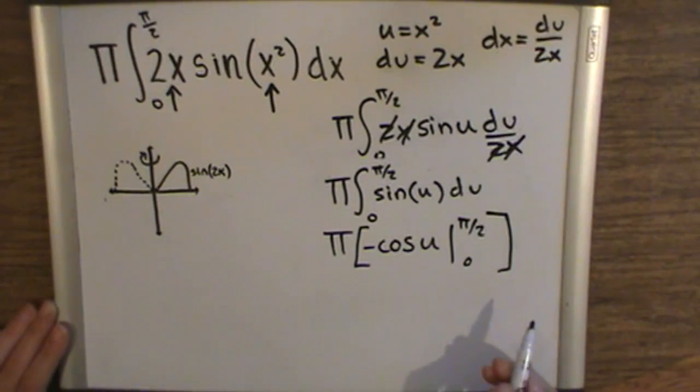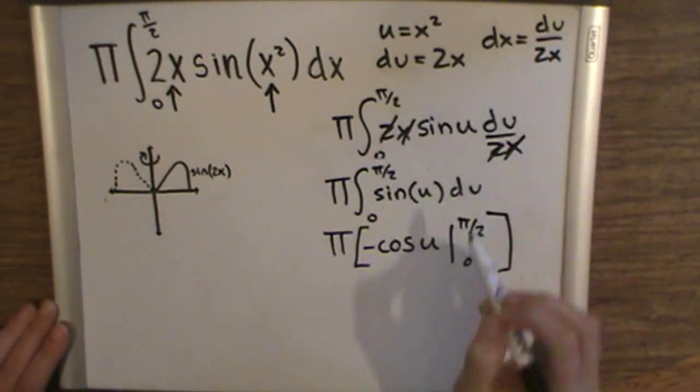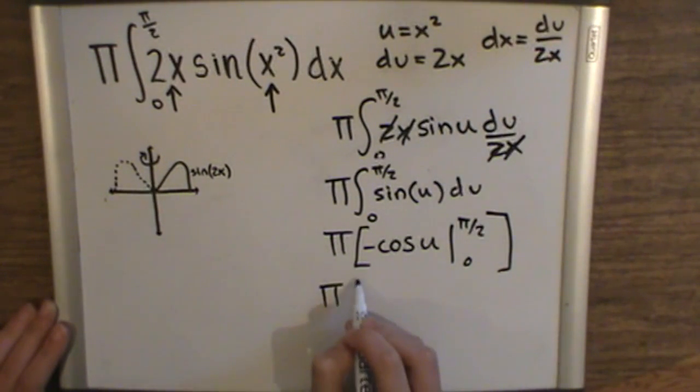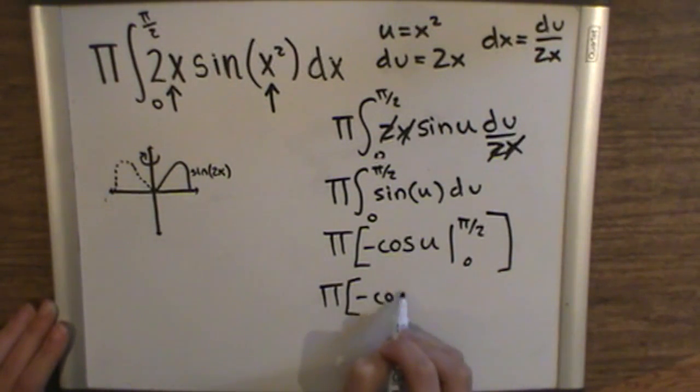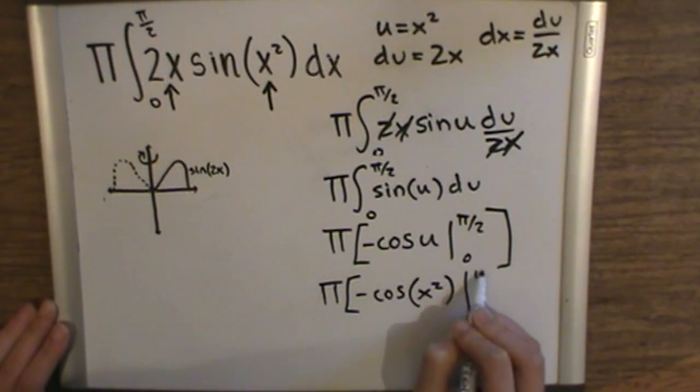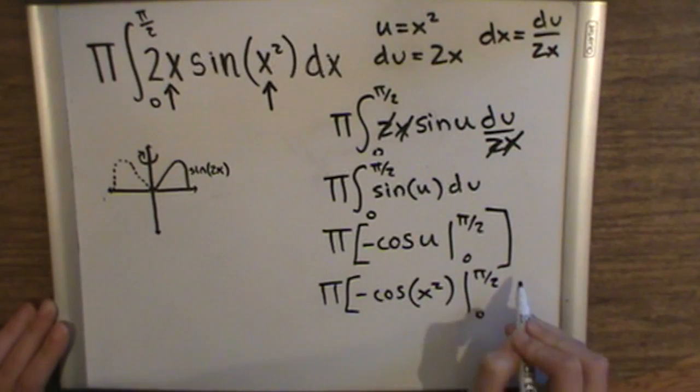Next, we have to substitute x squared in for u, giving us pi times the negative cosine of x squared from pi over 2 to 0.